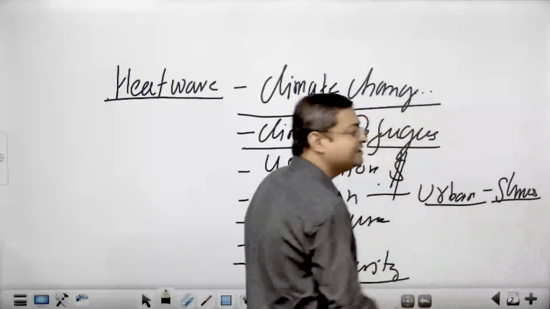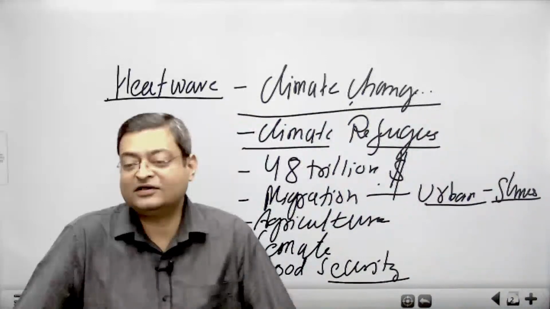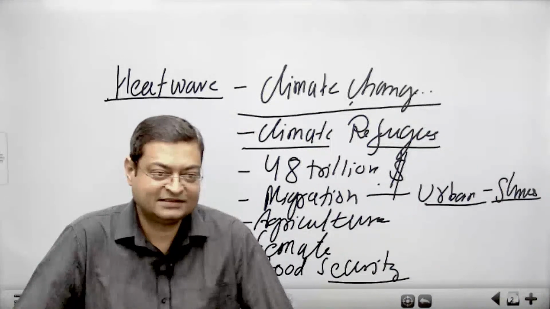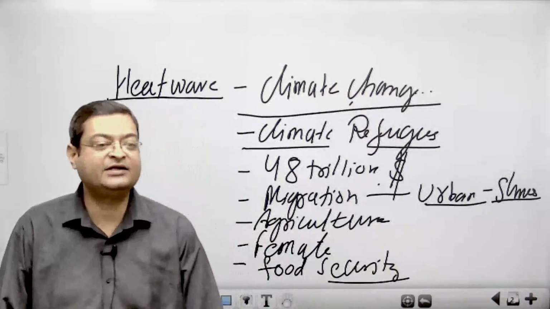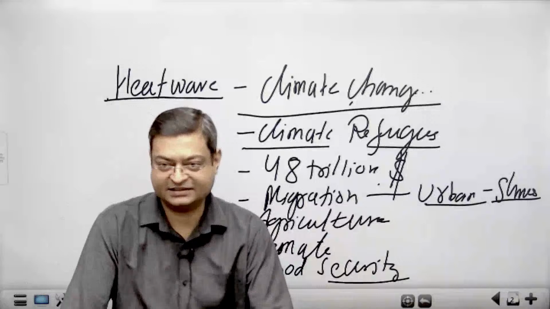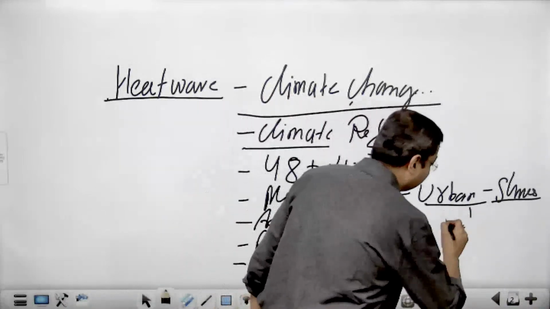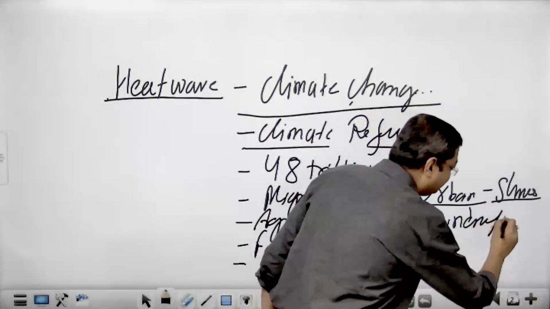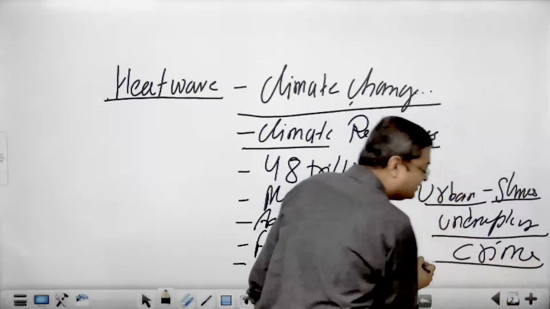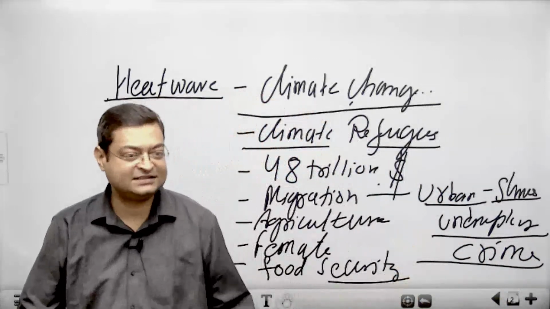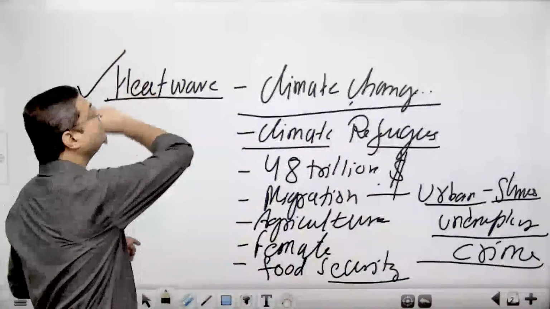And in slums, if there are more and more people who are migrating, then there will be unemployment. In the urban centers, we are facing the highest rate of unemployment in India at present, that is 9.2%. सब कुछ क्रॉस कर गया है. So then there will be unemployment, and if there is unemployment, then there will be crime, again a crisis.